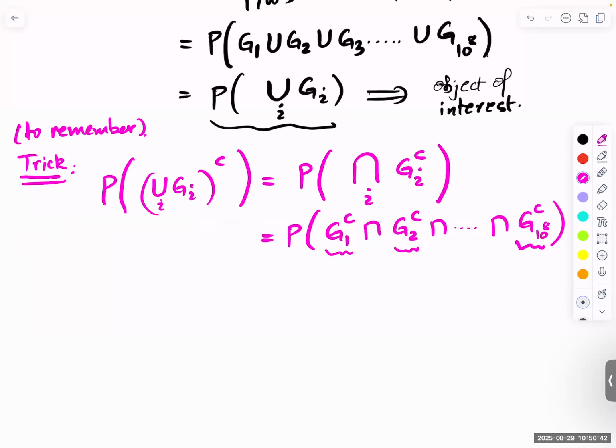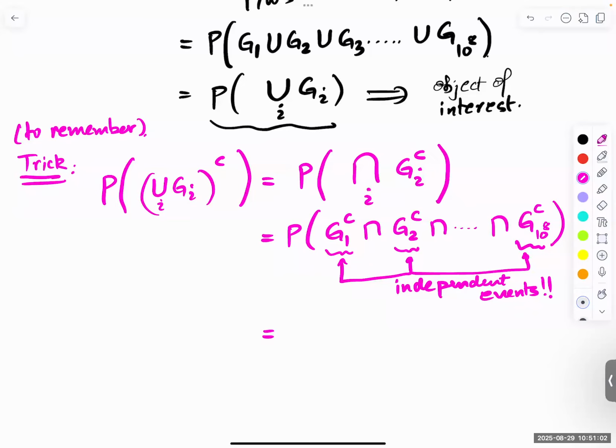What else do we know about these events? We know that these events are independent events because all the passwords are generated independently. Now we can apply the third axiom of probability.